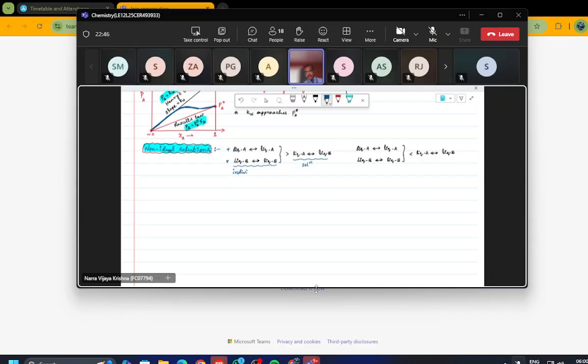Will you understand, sir? If I write like this, what is the meaning of this? Individual liquid molecules having more attractive forces than the solution, what is the meaning of it?